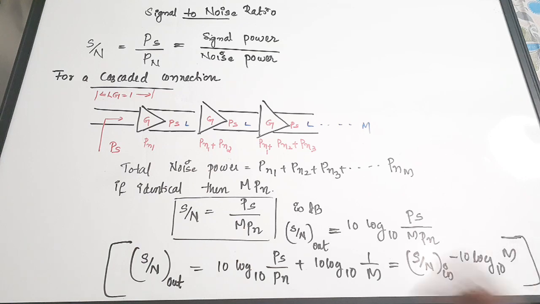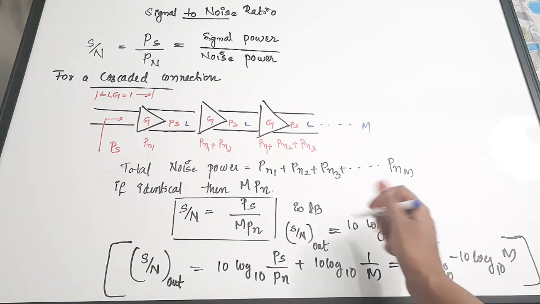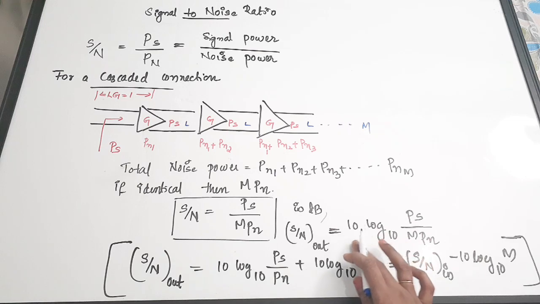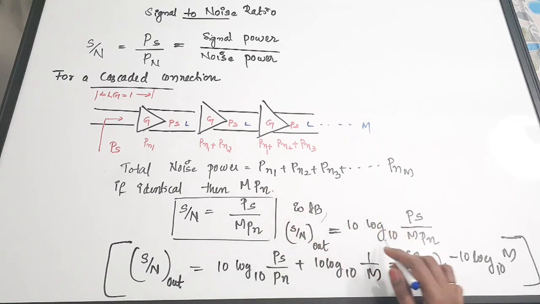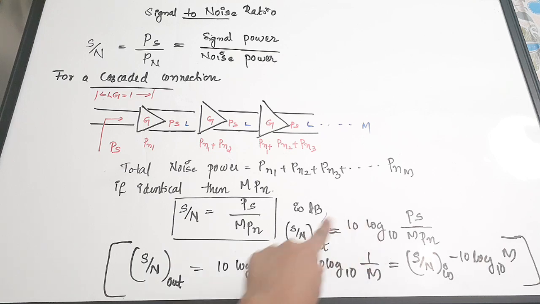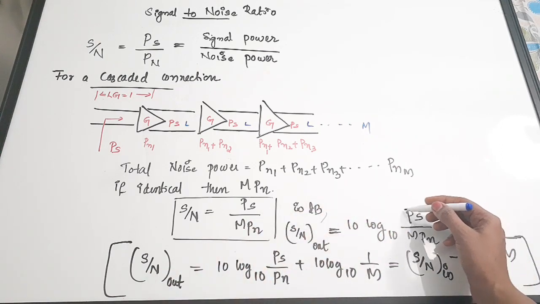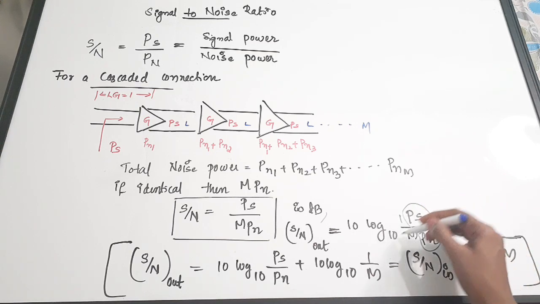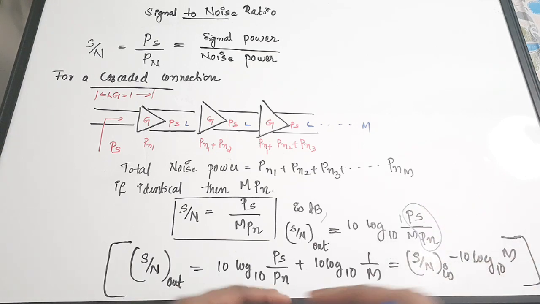Now if you want to convert that to dB, you have to take 10 log 10 of this value. Then 10 log 10 of PS by M PN. Now just distributing the 10 log 10, we'll take 10 log 10 PS by PN as one term plus 10 log 10 1 by M as a second term. So we'll split this fraction as PS by PN as one term and 1 by M as the next term, and we'll separately give 10 log 10 to both the terms.